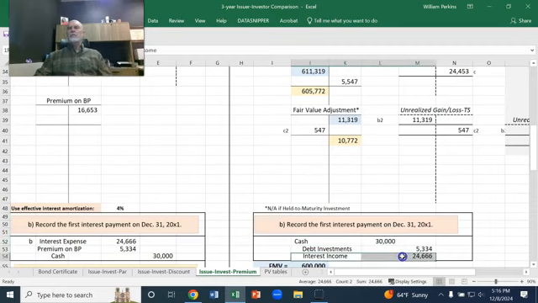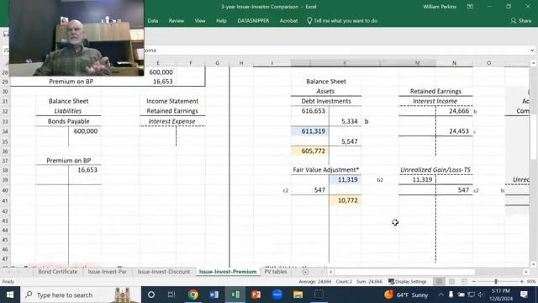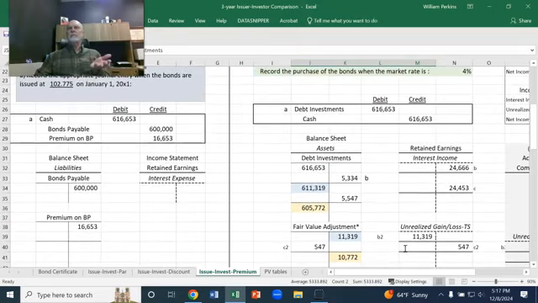We're going to credit interest income for the carrying value times the effective rate, in this case 4%. And so that gives us interest income of $24,666, and the difference between the two would be the amortization of the premium that's included in that debt investment.